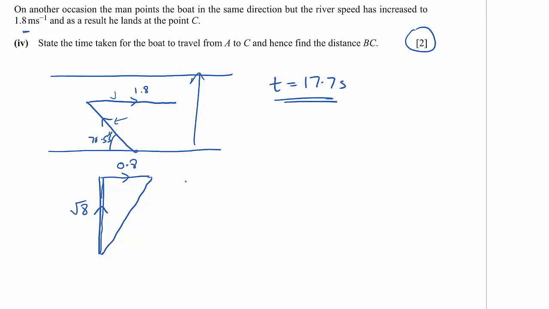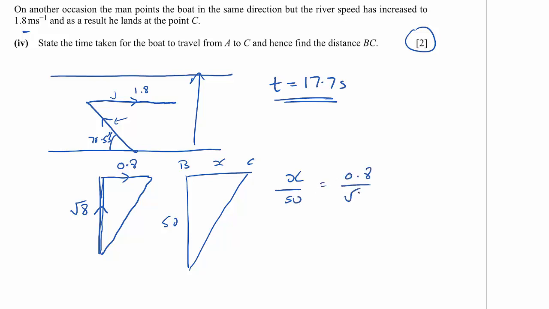And then I think we can use a similar triangles thing. That's root 8 and that's 0.8, but we know that this is 50 and that's x if we look at the distance across the river. This is BC. So x over 50 must be the same as 0.8 over root 8. So x is going to be 50 times 0.8 divided by root 8.